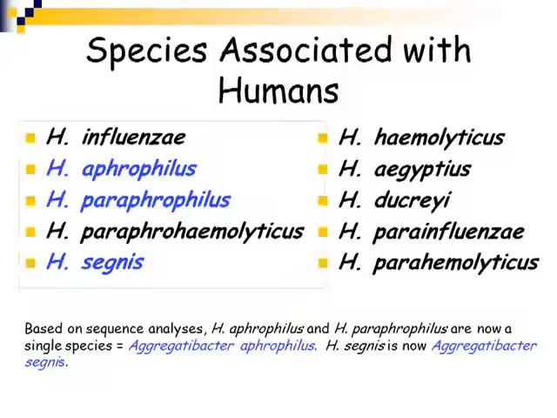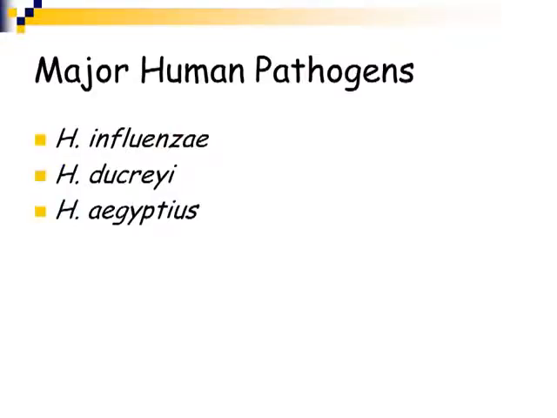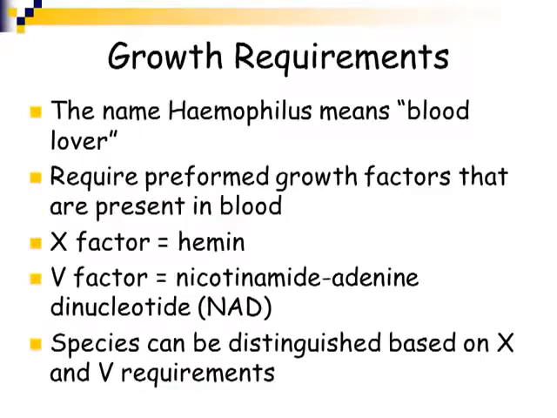So they're very similar to the Haemophilus, but they are different enough that they put these 3 into their own genus of Aggregatibacter. So the major human pathogens in the Haemophilus organisms are Haemophilus influenzae, Haemophilus ducreyi, and Haemophilus aegyptius.